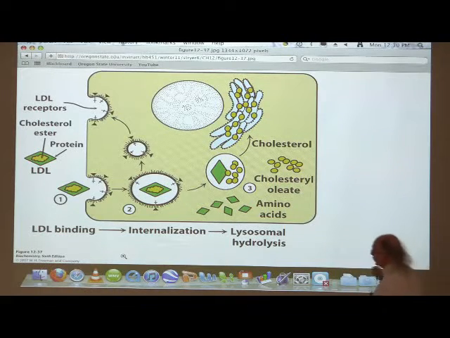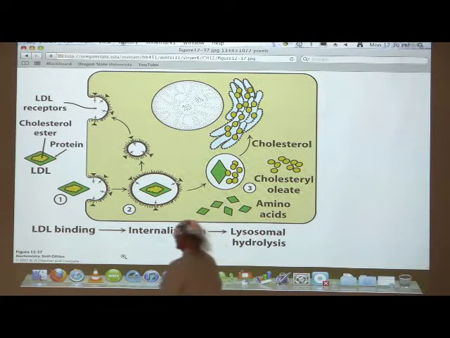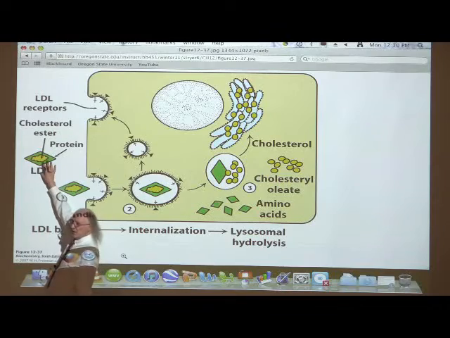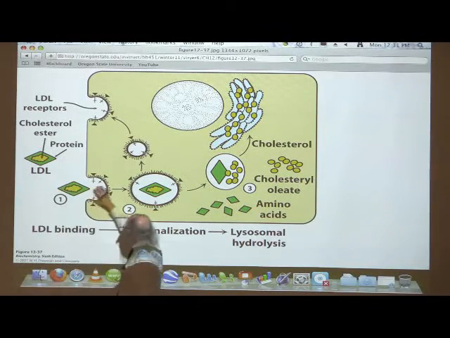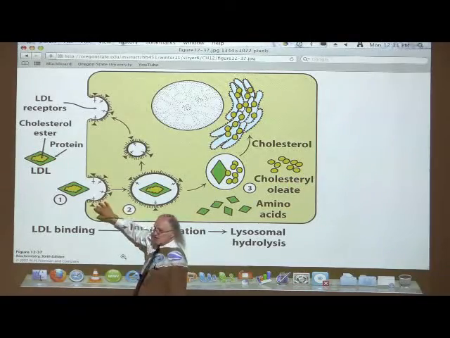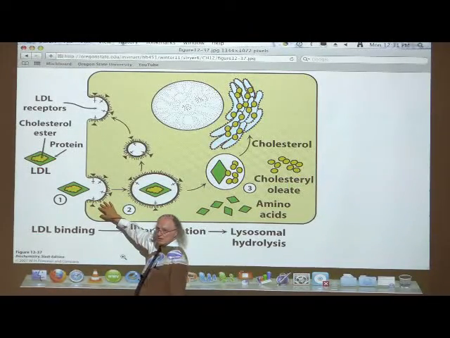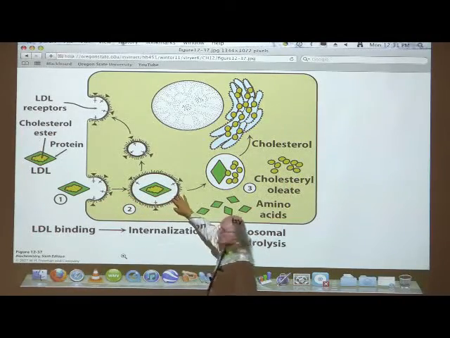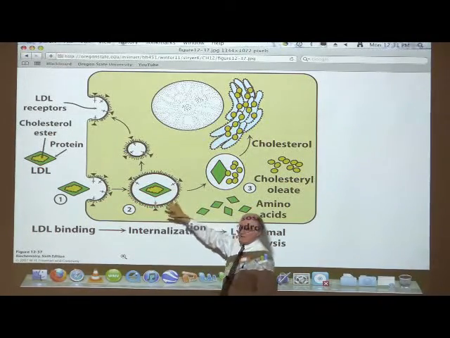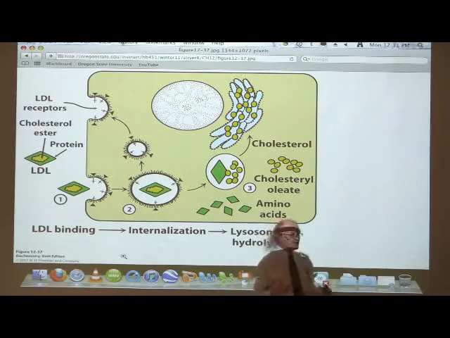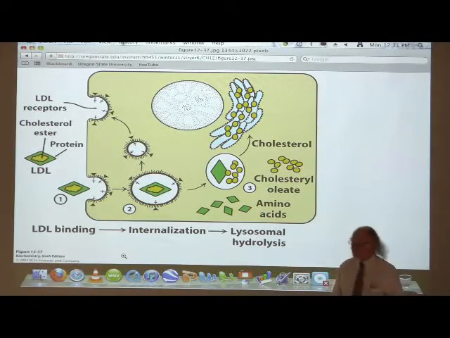It turns out that the way this is delivered into cells is that cholesterol is packaged up in these complexes called LDLs. The complexes bind to specific receptors on the surface of cells, and these receptors internalize that entire LDL. That's the endocytosis part of that.